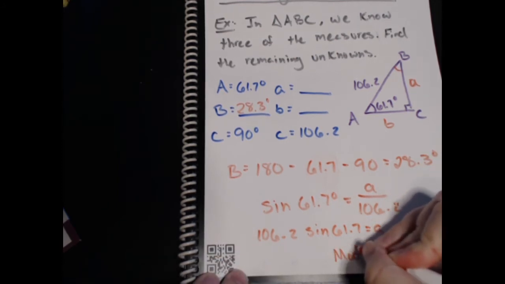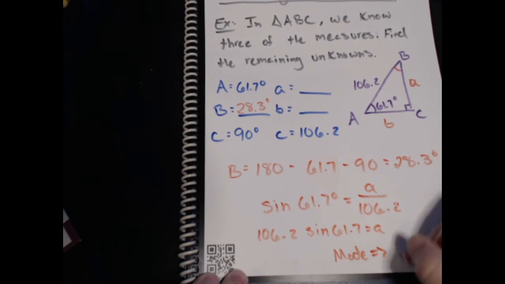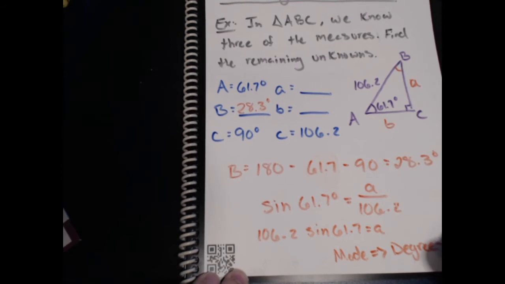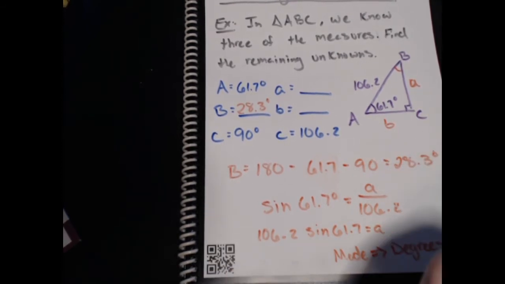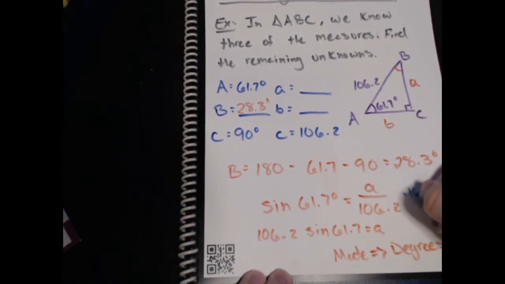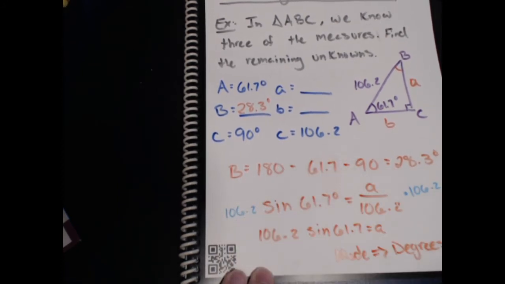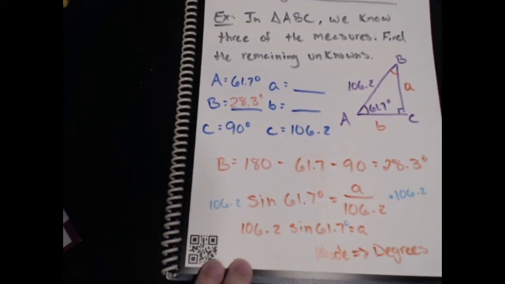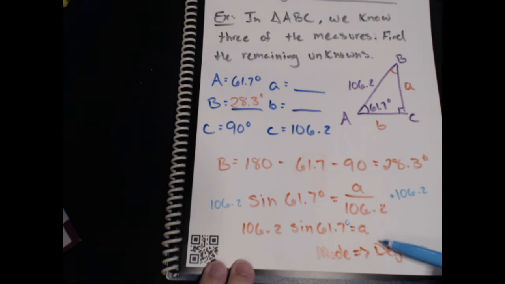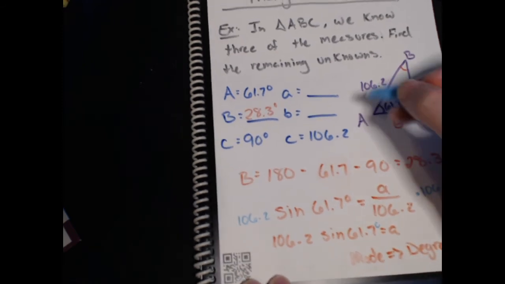You click mode, and then you want to select degrees, because it can either have degrees or radians selected. And then you're solving for A, so you need to multiply 106.2 to both sides. That's how we get 106.2 sine of 61.7 degrees. You plug that into your calculator and you get an answer, and that answer happens to be 93.5.